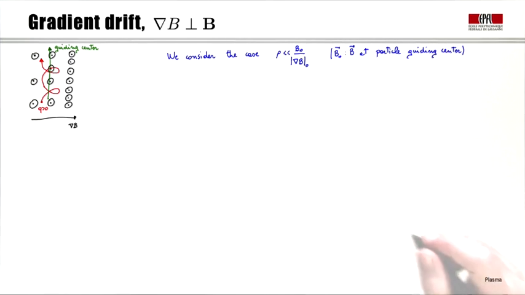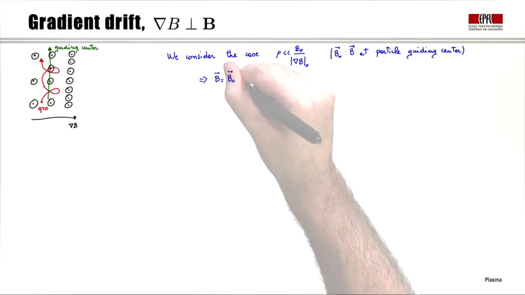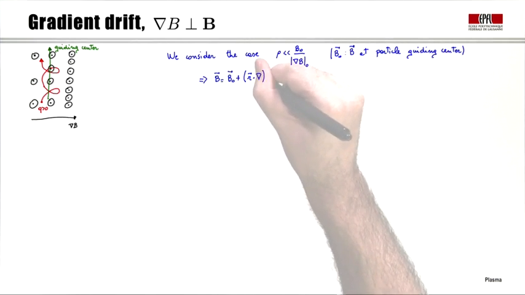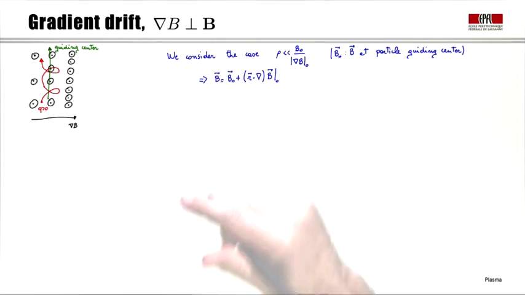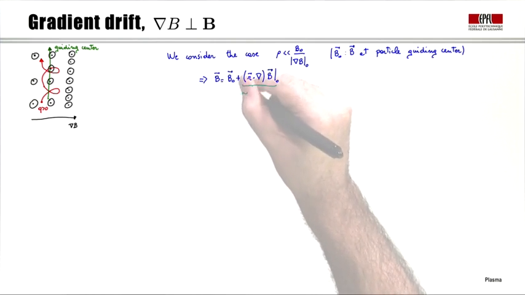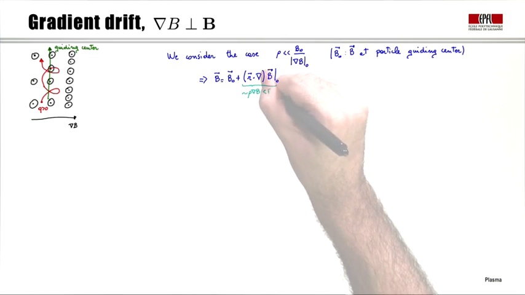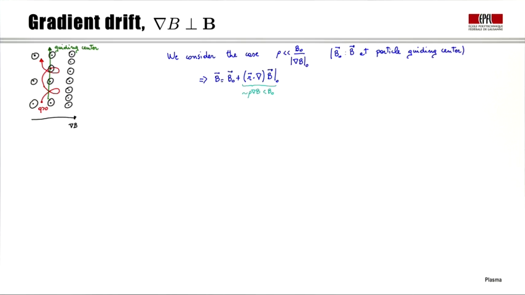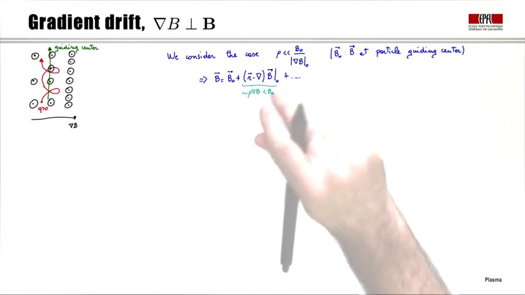That if we want to know the magnetic field acting on the particle, we can expand around the guiding center. And if we estimate this quantity here, this will be of the order of rho grad B, that is much smaller than B0, and therefore we will be able to neglect all the other terms of higher order.